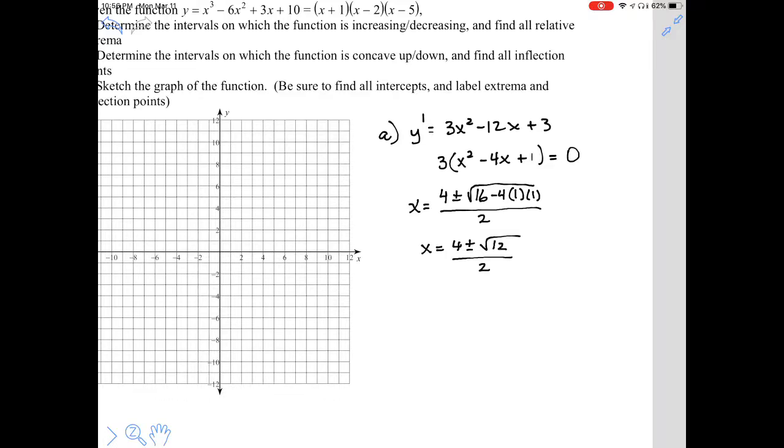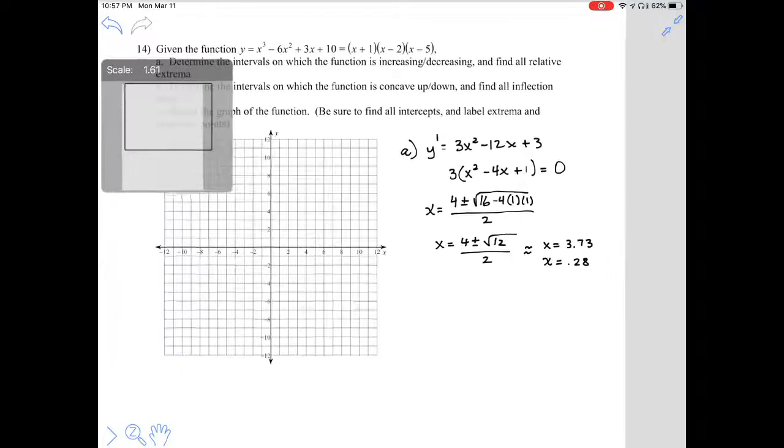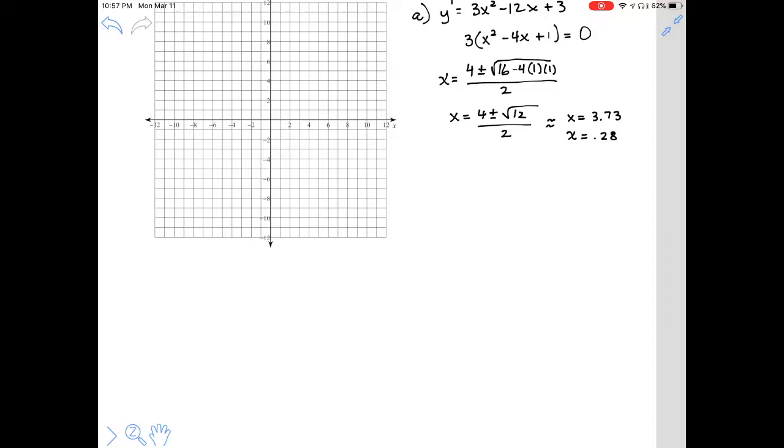So we get 3.73 for one of them, and then 4 minus the square root of 12, that's 0.53, and then divide that by 2, and that's about 0.28.